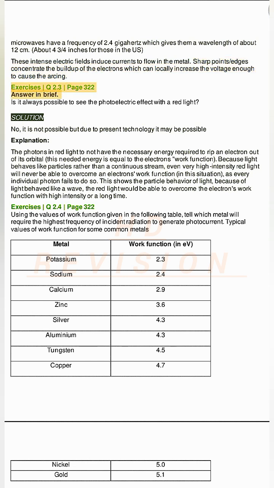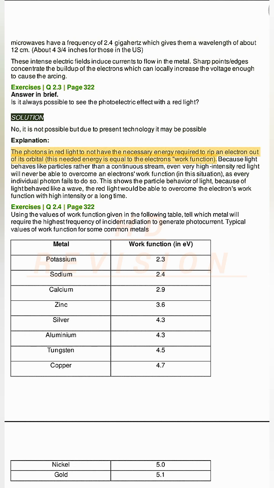Exercises Q2.3, page 322. Answer in brief. Is it always possible to see the photoelectric effect with red light? Solution. No, it is not possible, but due to present technology it may be possible. Explanation. The photons in red light do not have the necessary energy required to rip an electron out of its orbital.